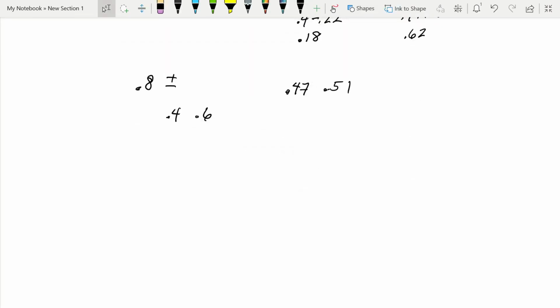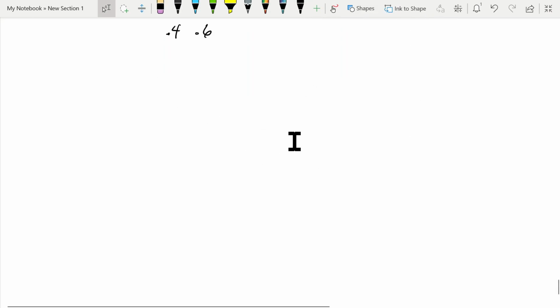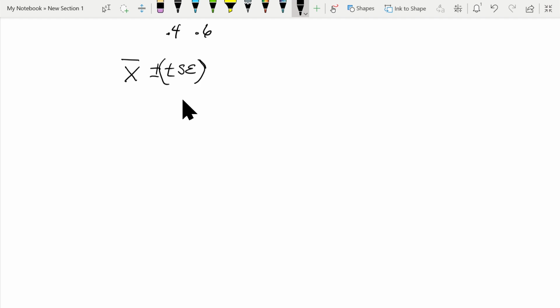In all of this stuff, when I had an average plus and minus a t-value times the standard error, this is called the margin of error.